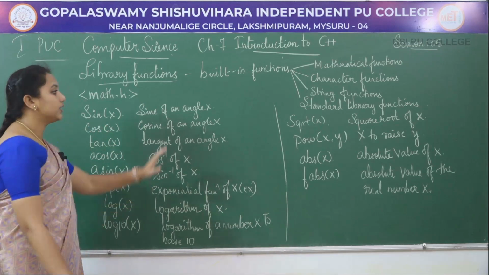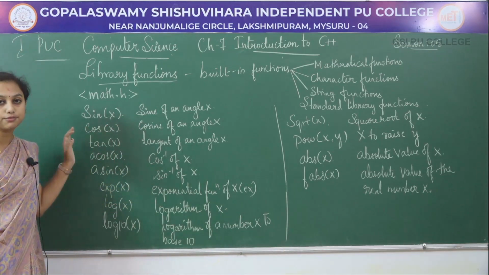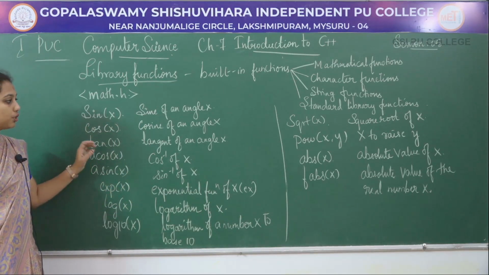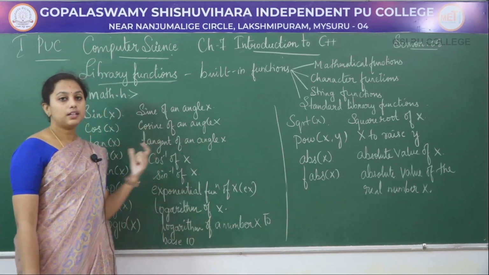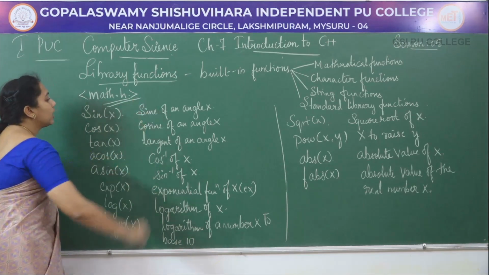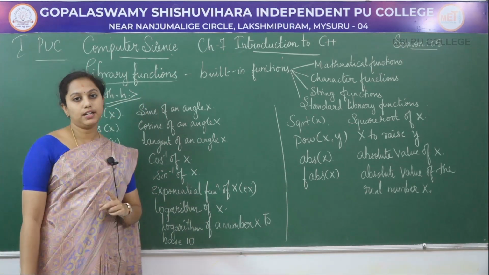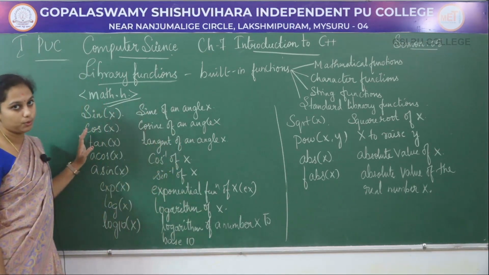So these are all the mathematical functions. If I want to use any one of these functions in our C++ program, then I should compulsorily include the math.h header file.